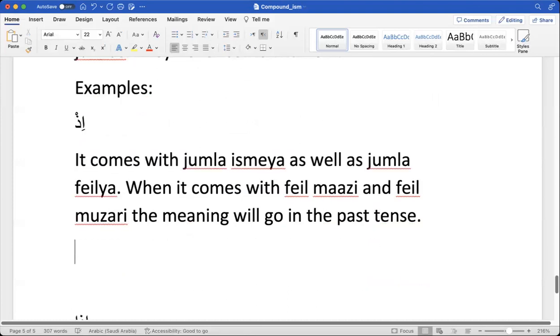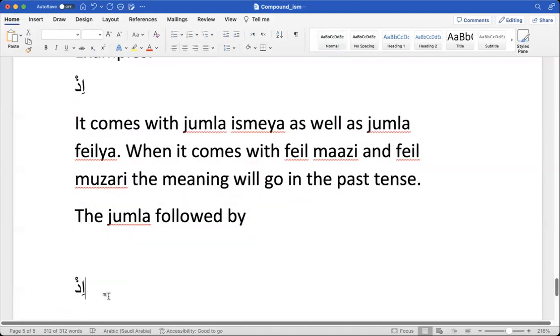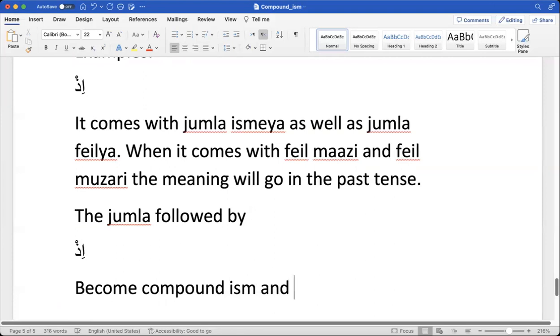Now let's use it. The jumla followed by idh becomes a compound ism and behaves like a mudaf ilayh.